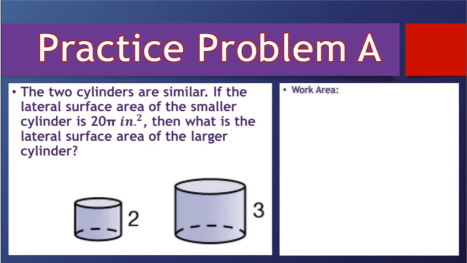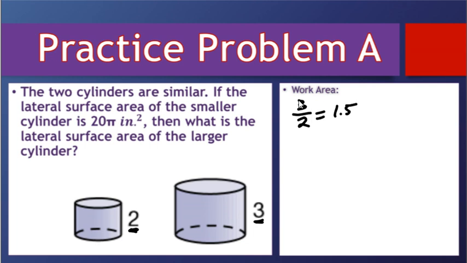Since they told us these were similar solids, I can take corresponding dimensions and figure out how much bigger 3 is than 2. I can take the larger one, 3, divided by the smaller one, 2, and you get 1.5. So the scale factor is 1.5.